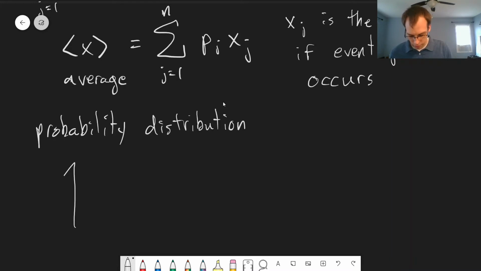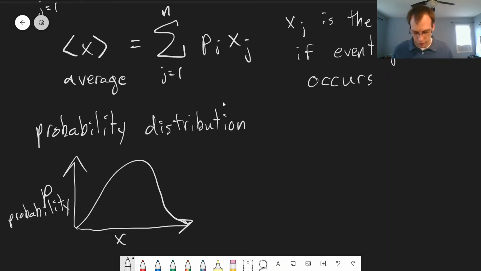What we'll often write is some function where probability goes on the y-axis, and on the x-axis we have our variable of interest. I'll just put it as x this time. And this will follow some sort of curve like this.